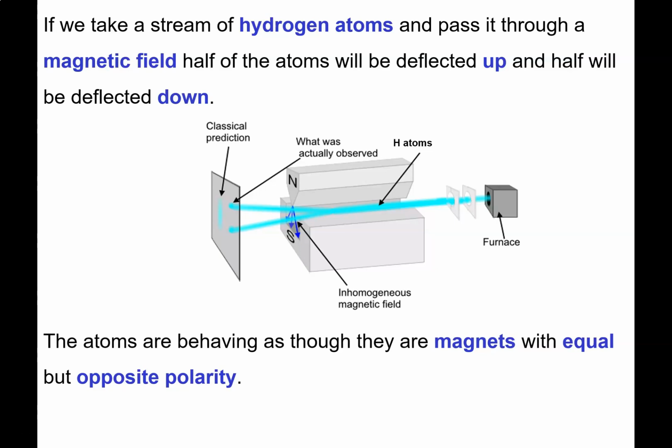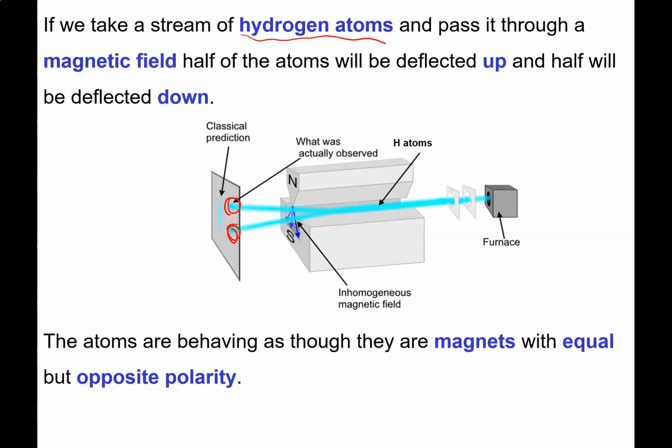What they found was, if you take a stream of hydrogen atoms that only have one electron, and you pass them between a magnet with a north pole above them and a south pole below them, those atoms with their one electron behave as though they are magnets, with half of them having their south pole pointing up and half having their south pole pointing down.